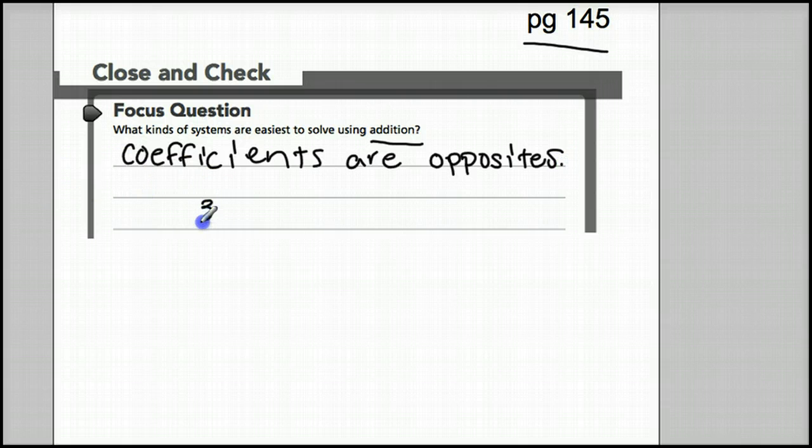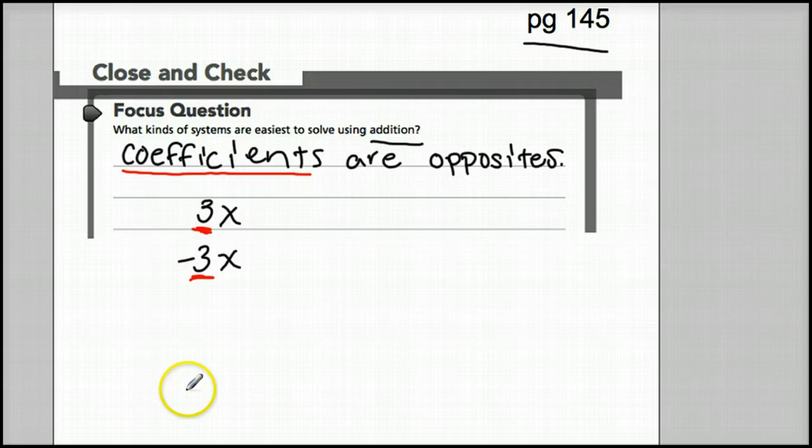Well, the number in front of your x or y or a or b is your coefficient. So your coefficients are opposites. So what would be the opposite of this here? Well, it would be something like negative 3x, because 3 and negative 3 are opposites. So this would be a good system to solve using addition if you saw something like this.